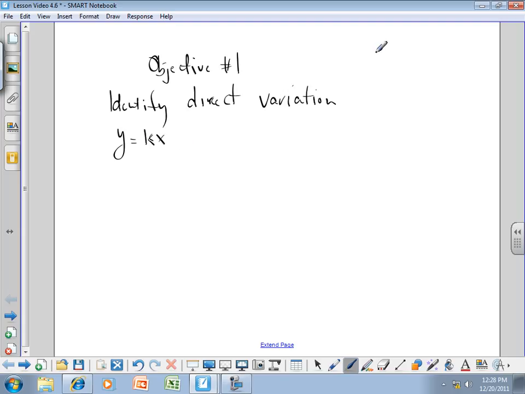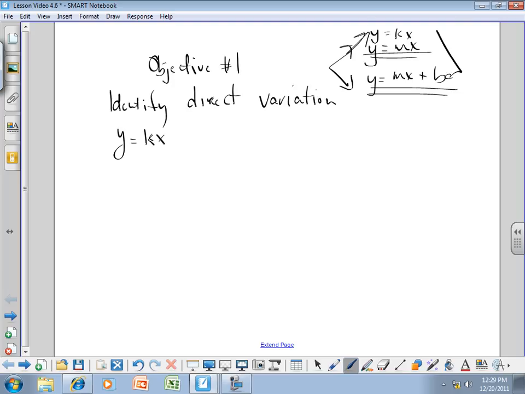For those of you who have slope embedded in your mind, it's not very different than y equals mx, and that looks a little bit like y equals mx plus b, which is slope-intercept form. We're going to find out that slope-intercept form and direct variation are not that far from being the same thing. They're not quite the same thing, though, okay?